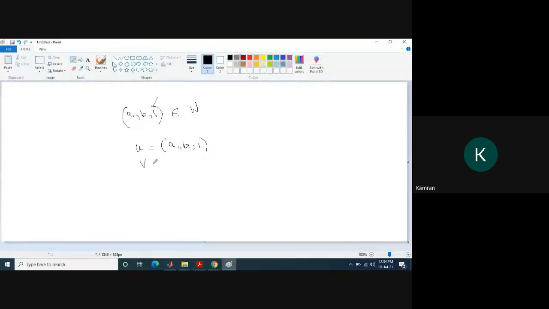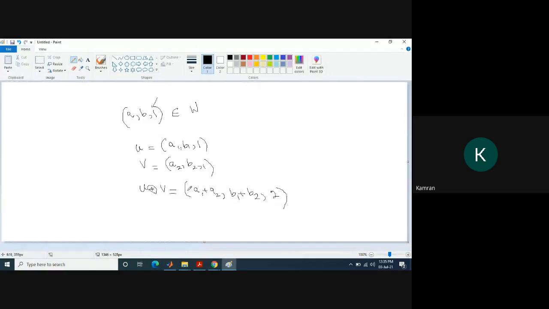And if V is a2, b2 and 1, then U plus V is a1 plus a2, b1 plus b2, and 1 plus 1.